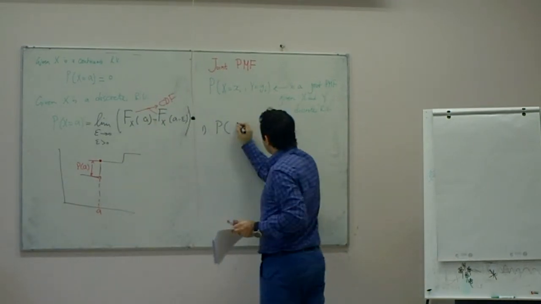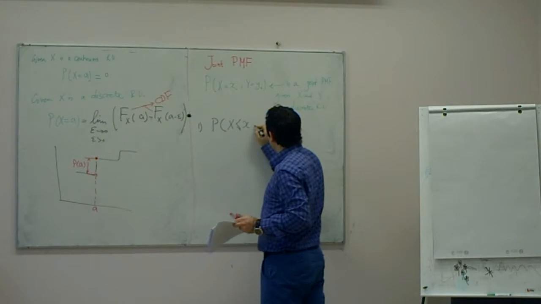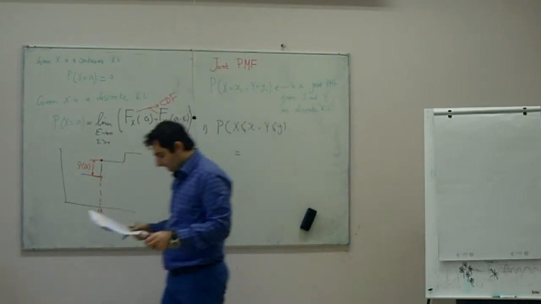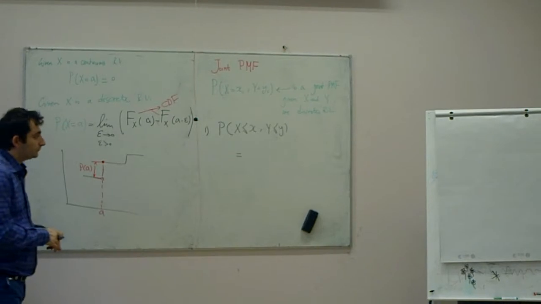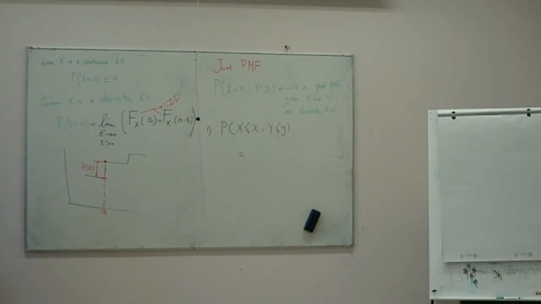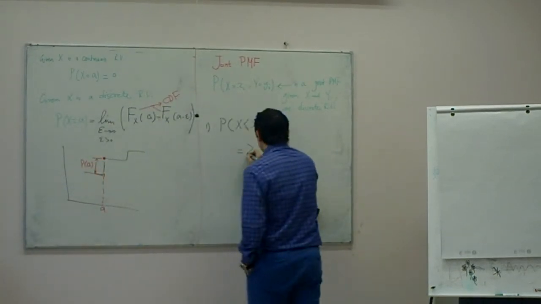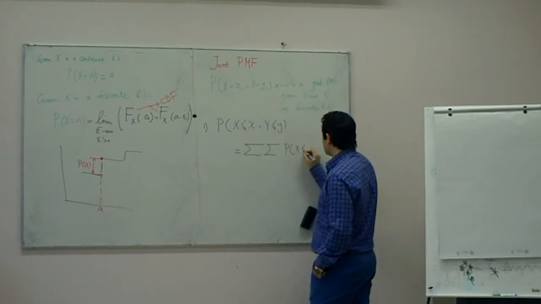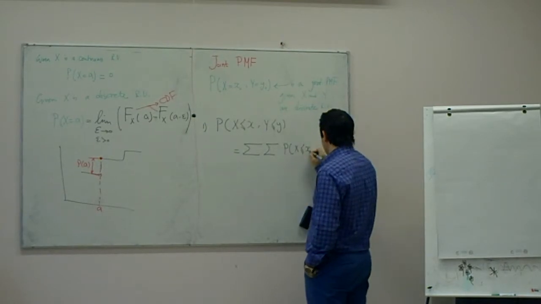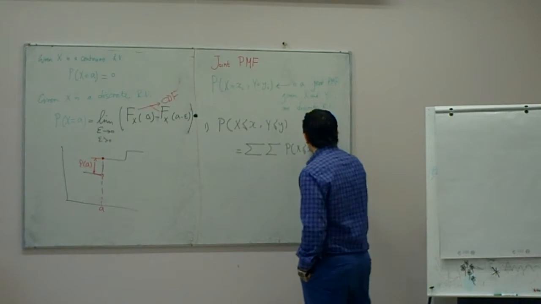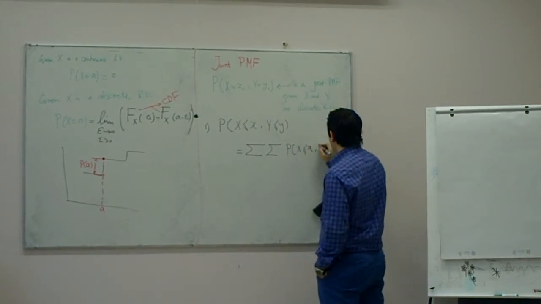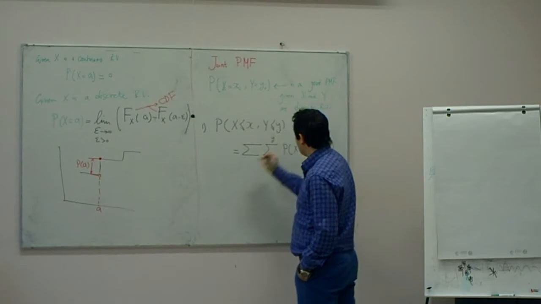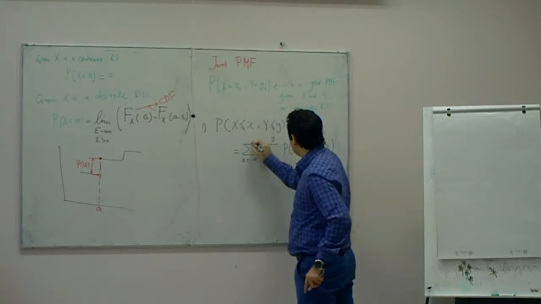The probability of, what is this? This is a double summation of the probability of X is less than or equal to alpha, and Y is less than or equal to beta, where beta starts from minus infinity till y, alpha starts from minus infinity till x.